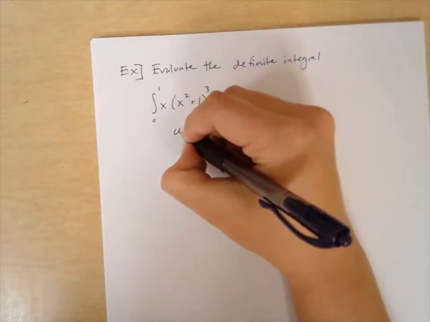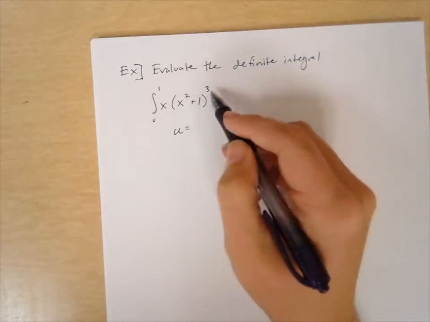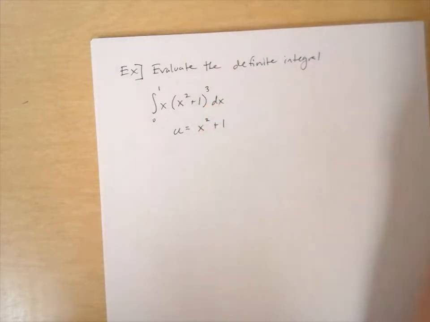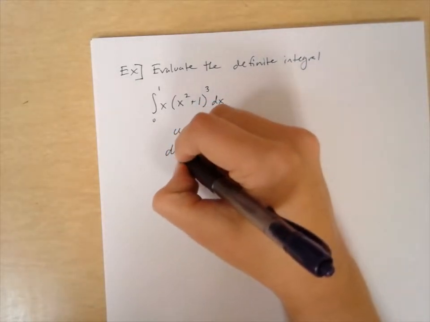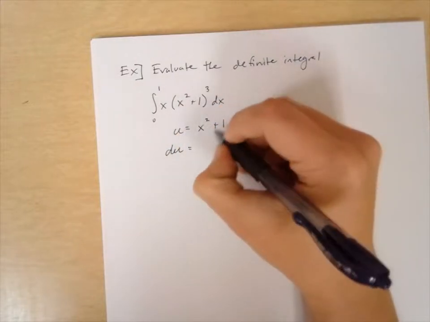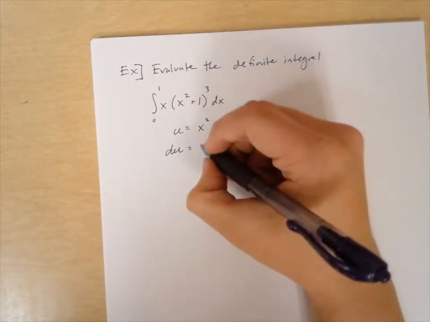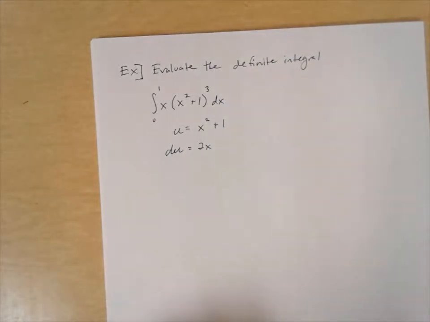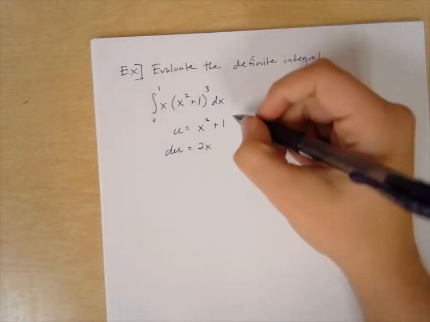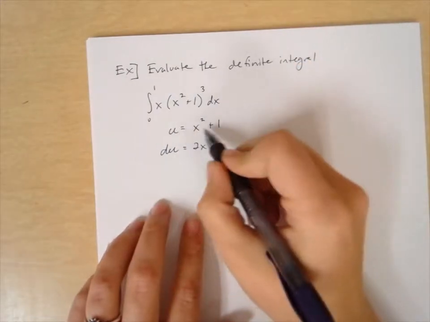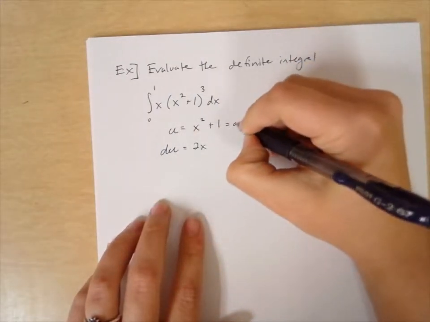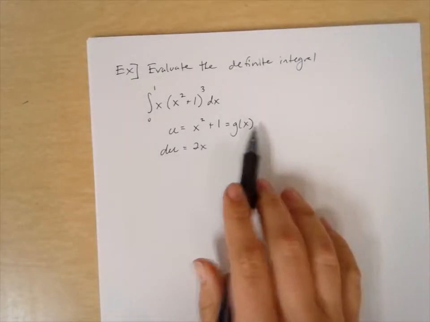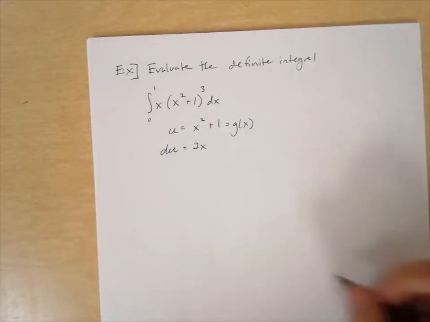First of all, remember we talked about yesterday, when something's to a power, that's typically a good idea to make that your u: x squared plus 1, meaning that du is going to be 2x, because the derivative of this is 2x. I also want you to say that u equals this, which is also equal to g of x. That's part of what we just defined, where u equals g of x. So keep that in mind.